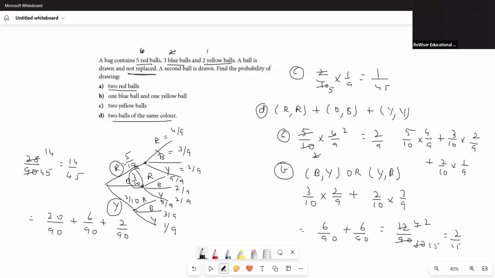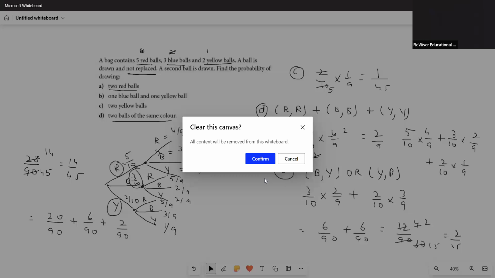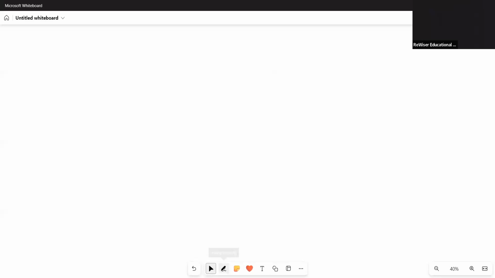Now, moving ahead to the other very vital part of probability, which is called Venn diagrams. That's a very, very important part and is quite often asked in both paper 2 and paper 4.